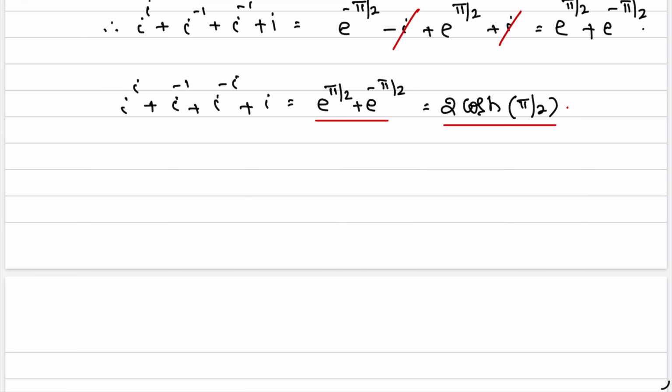Now, 2025 is equivalent to 1 mod 4. 2025 by 4 we have already seen, 506 plus 1 as remainder.